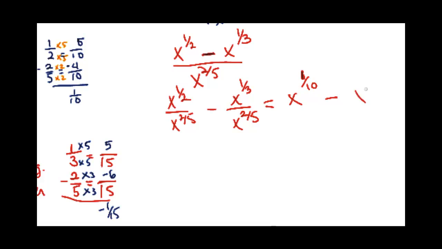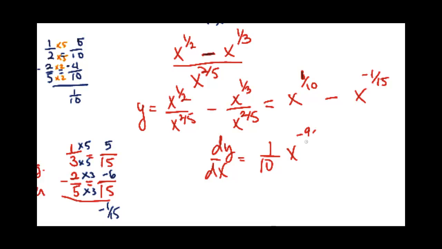So we have successfully rewritten the y equation in terms of single x's that now can use the power rule, and they're already on the top. So the derivative would be 1/10 x to the 1/10 minus 10/10 gives me minus 9/10, and then plus, because of this negative and this negative give me a plus sign, 1/15 x to the, subtracting that gives me a negative 16/15.